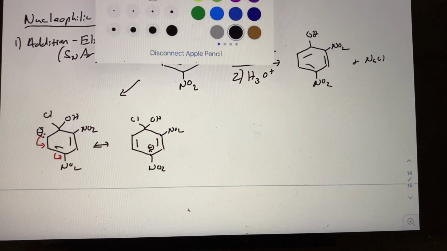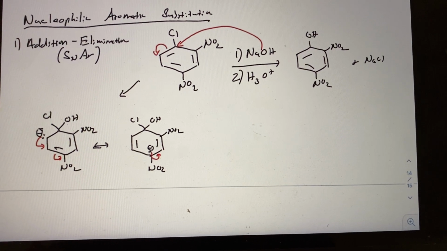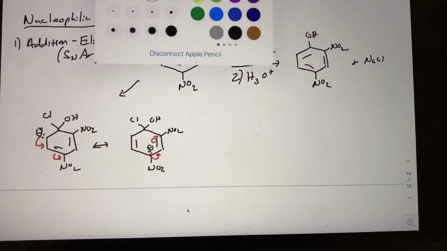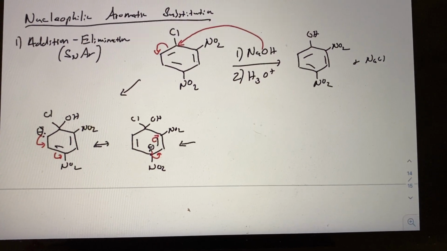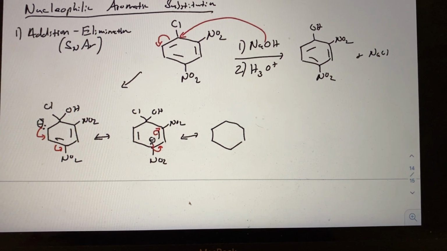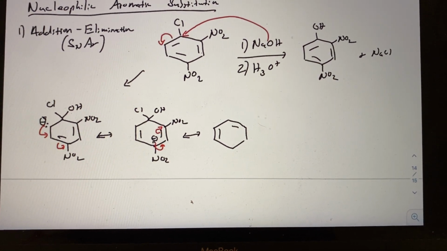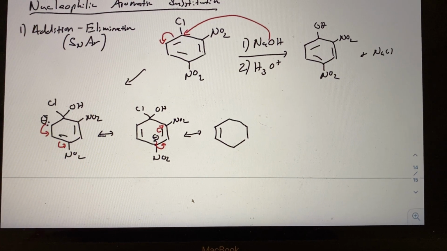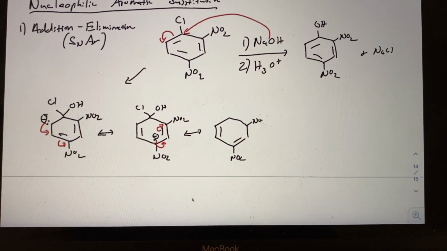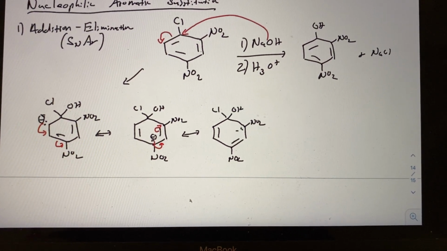We can draw another resonance structure. We continue to move these electrons here, and then onto, I'll put it on the inside again, this carbon. Nitro, chloro, hydroxyl here, lone pair.